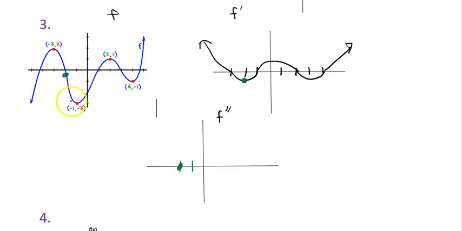Then it looks concave up until you get to about right here, which is about maybe a half. And so this max is technically at a half, and I'm going to cross the graph of the second derivative at a half.